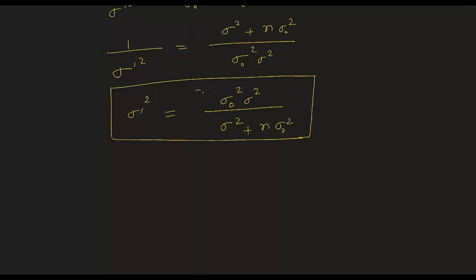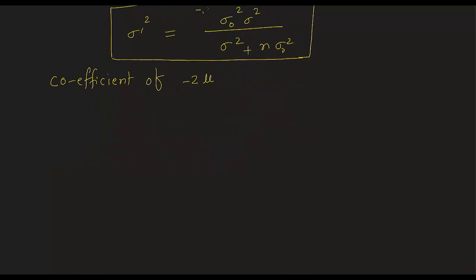Now let us equate the coefficients of minus 2 mu. If I do that, I will get mu dash divided by sigma dash square equals mu naught by sigma naught square plus summation of xi divided by sigma square.